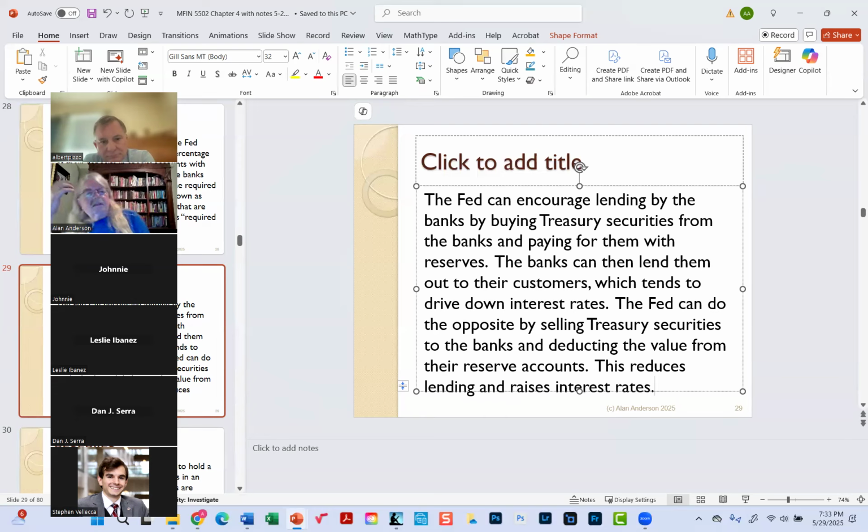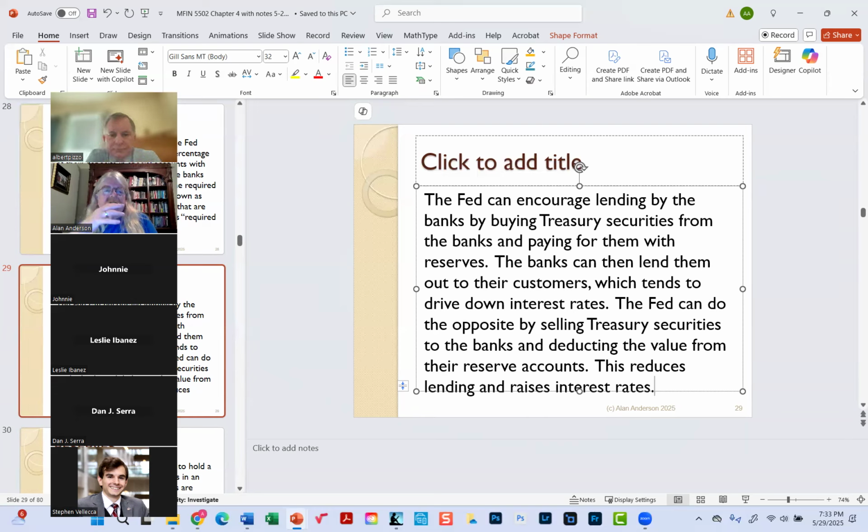So this is something the Fed does on a regular basis. They manipulate the amount of reserves that are available in the banking system. Sometimes they increase the reserves, which lowers interest rates, and sometimes they reduce reserves, which raises interest rates. So that way they can keep the rate at whatever level they're looking for.